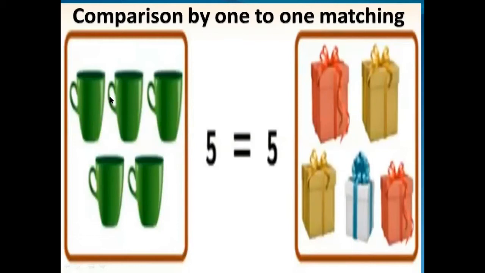So 5 cups equal to 5 gifts. Both are equal: the number of cups and the number of gifts are equal. So 5 equal to 5.